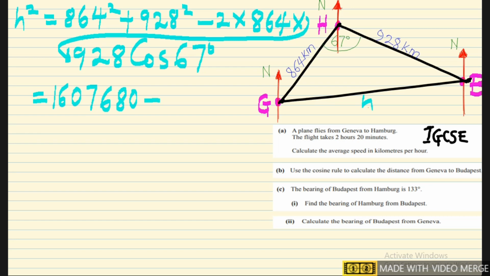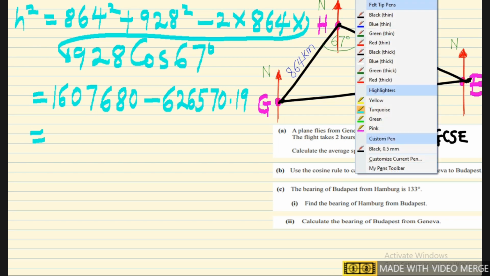Let's put it together once so we don't waste our time. We have 626570.19. We are not there yet, so I don't want to round. I'm very careful, like I've always said. Let's be careful of rounding when we are not yet in the final answer.